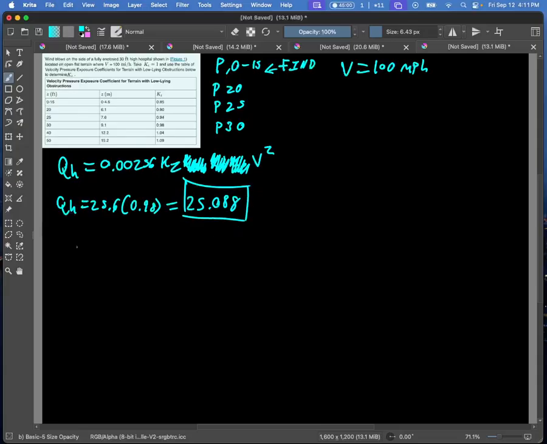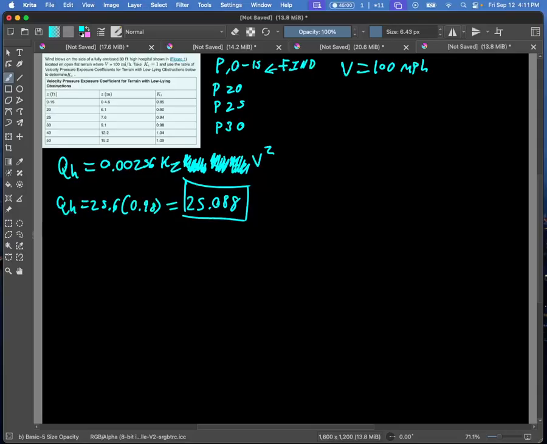From here, what's QZ? Well, no, we're just gonna jump right to P. We can find the QZ as we go along, because this is the windward wall, is what we're trying to find.